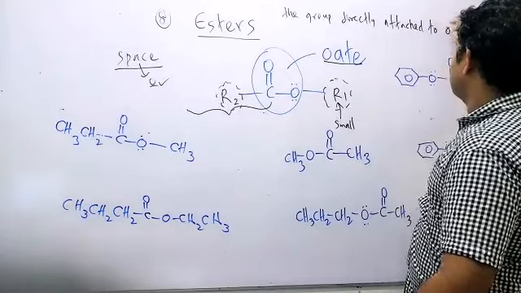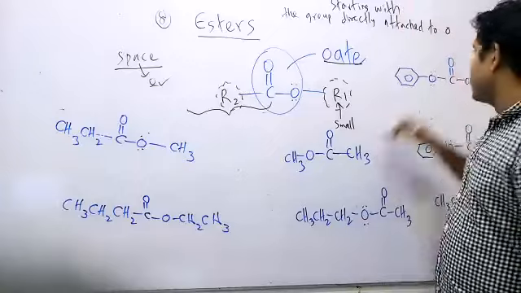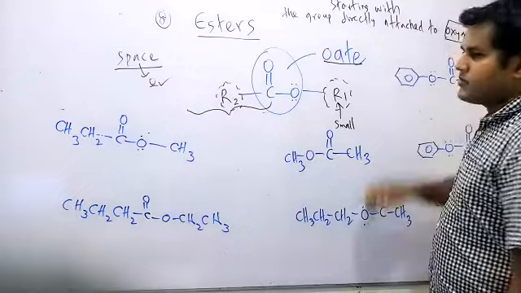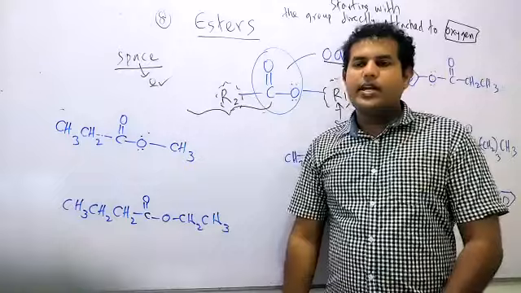We are starting with the group which is directly attached to oxygen. And don't number it. Write the alkyl name of that group.